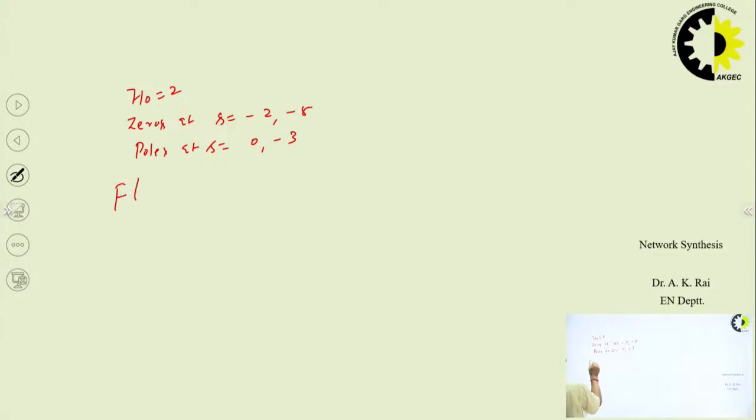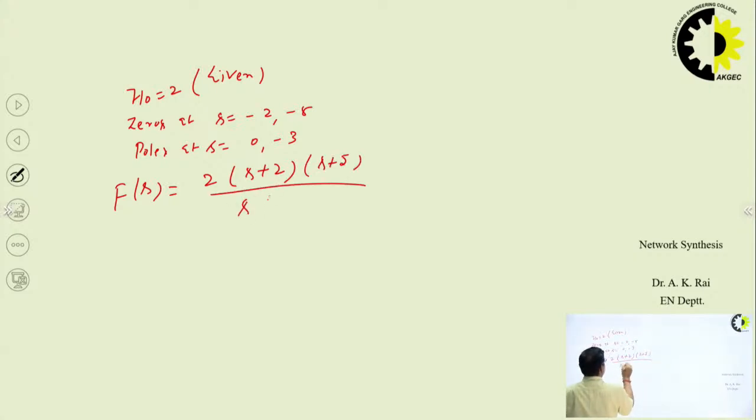So, now from the pole-zero diagram we can find the function. Here H0 is 2, it is given in the numerical examination problems. Then we can write: 2 times (S plus 2)(S plus 5) divided by S into (S plus 3).